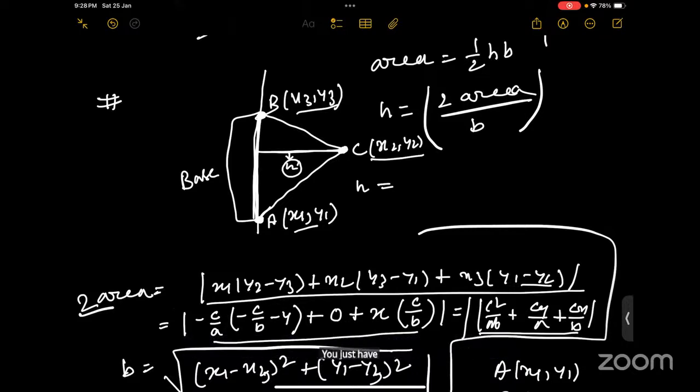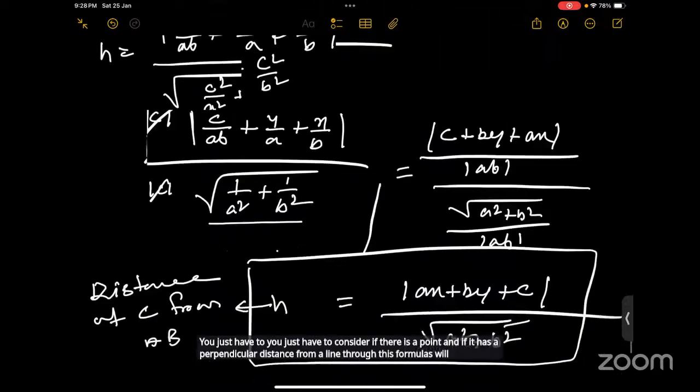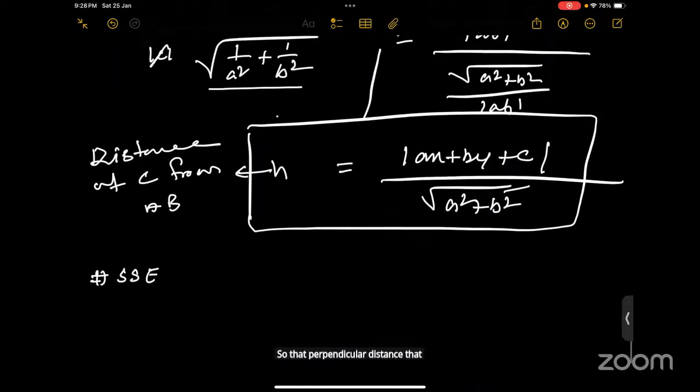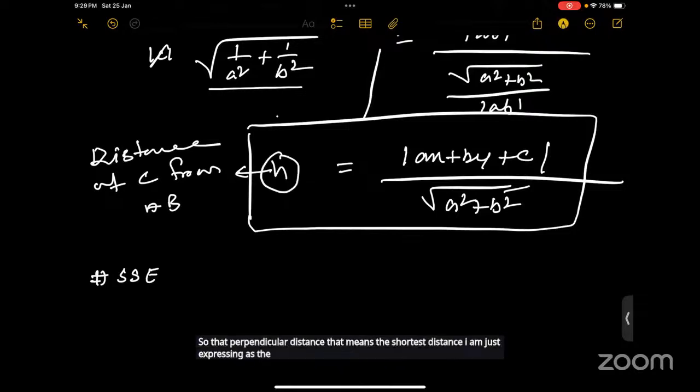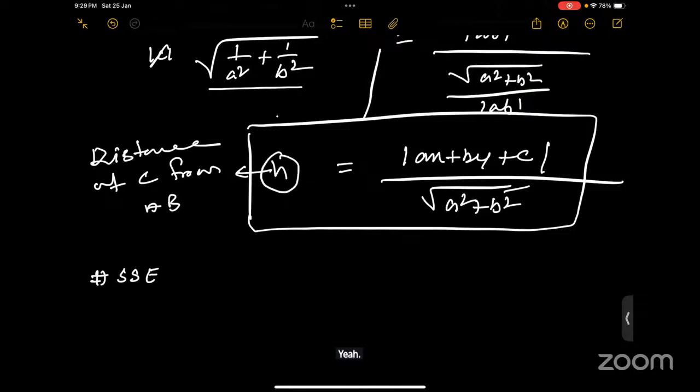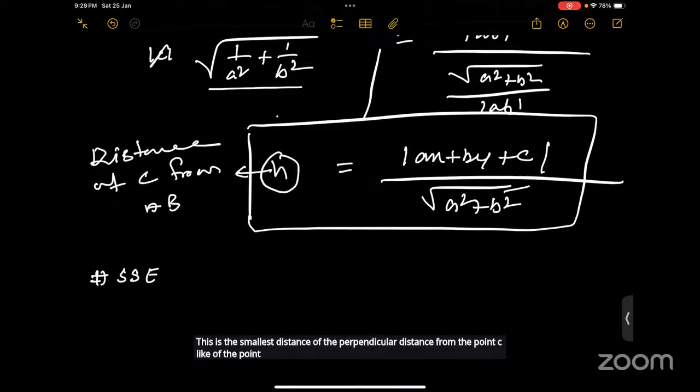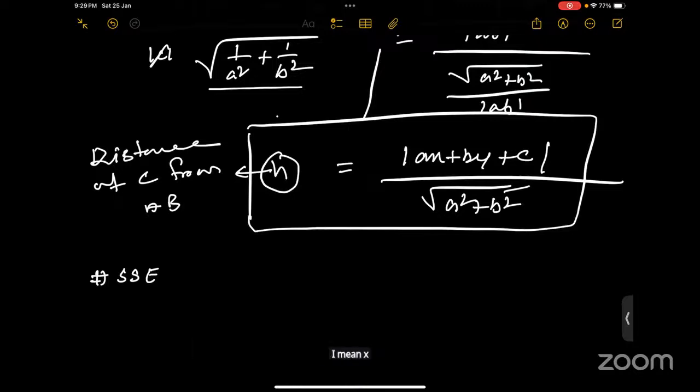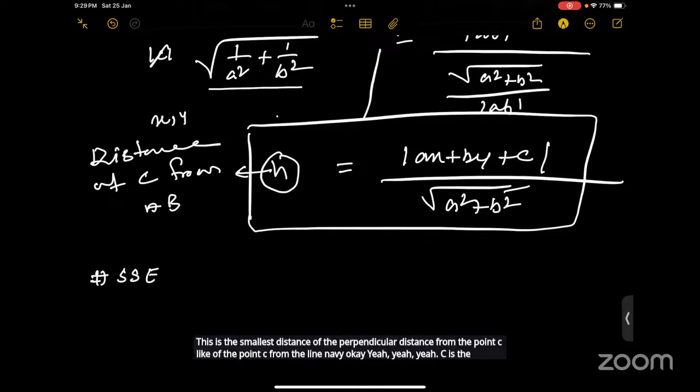You just have to consider that there is a point and it has a perpendicular distance from a line. I get it. The perpendicular distance means the shortest distance, which I am expressing as H. This is the smallest distance, or the perpendicular distance, of the point C from the line AB. I mean, X and Y are the two points, I guess. Yeah, the coordinates of C are X, Y.